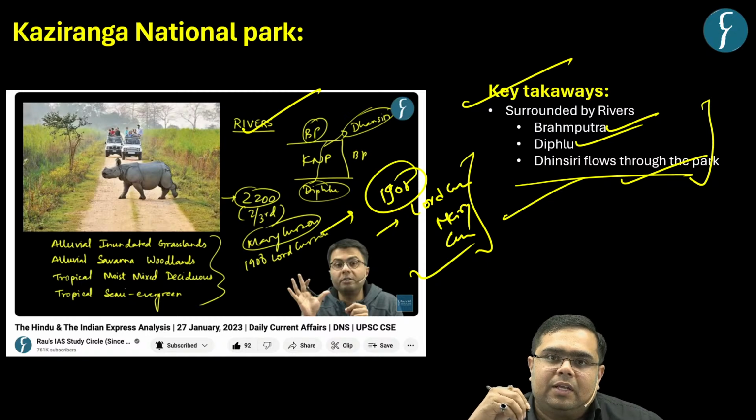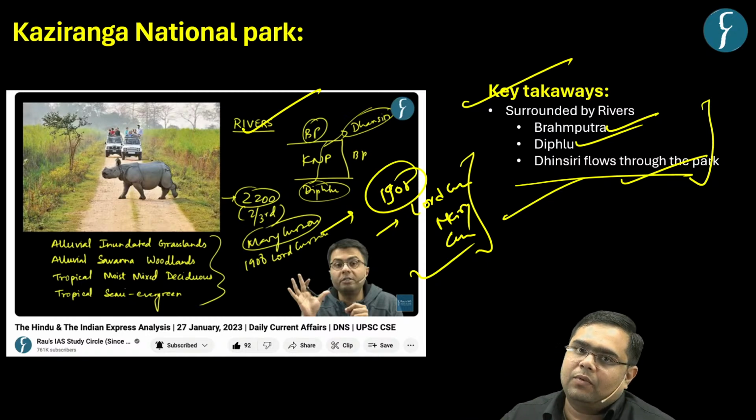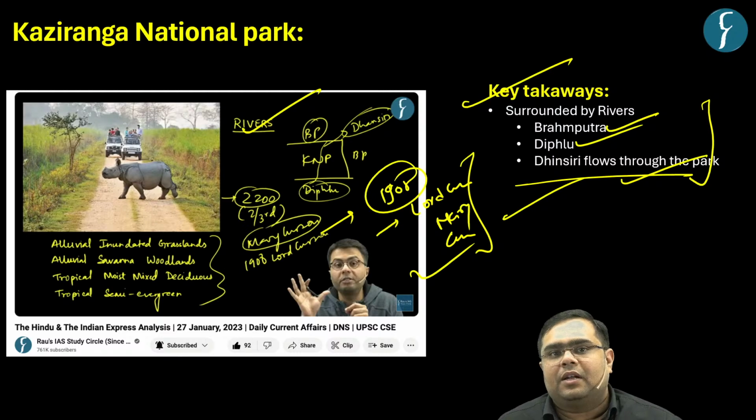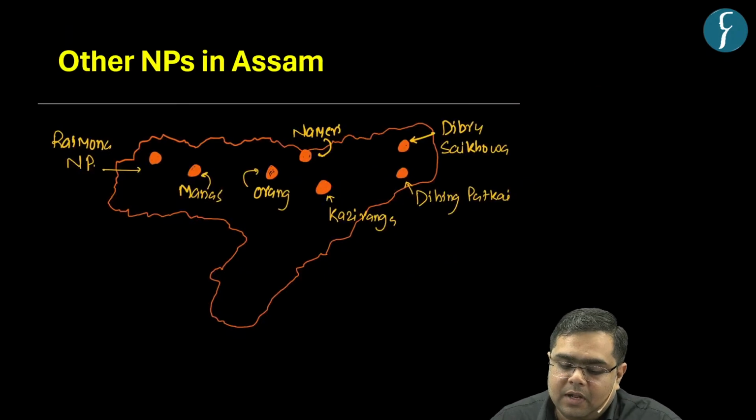So naturally, if a particular river is flowing through a national park, it is the lifeline of that national park, and every animal from a small, let us say, rabbit or deer to an apex predator like tiger or rhino would come and have a sip of water in that particular river.